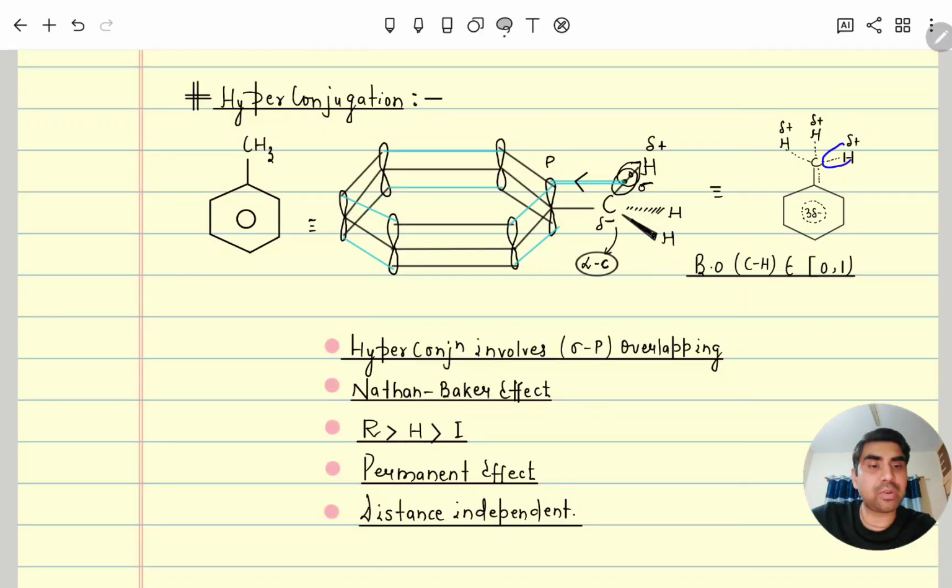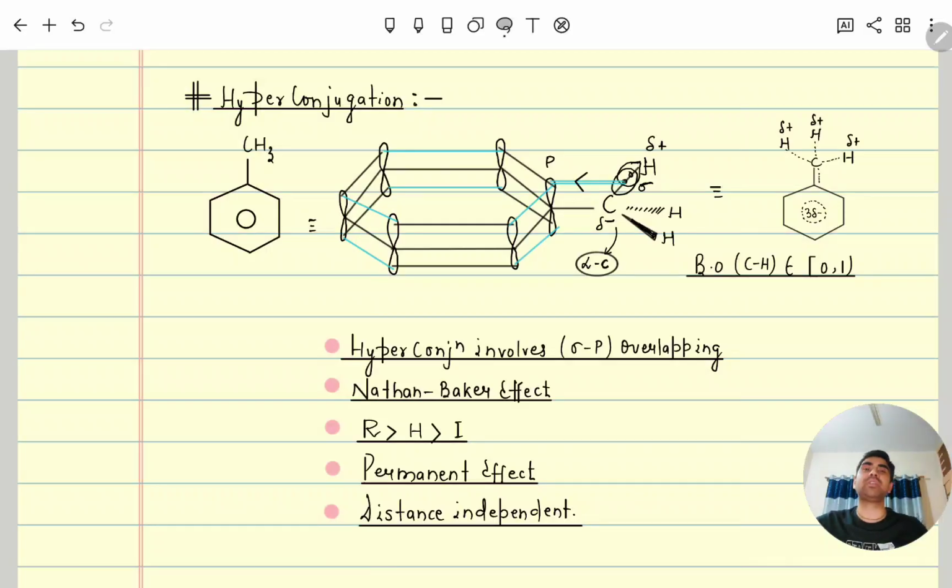Either this hydrogen or this hydrogen, the carbon-hydrogen bond order is not 1, because these electrons are moving, so overall the bond order is greater than 0 but less than 1. Overall there is a partial positive charge here and a partial negative charge at ortho and para.